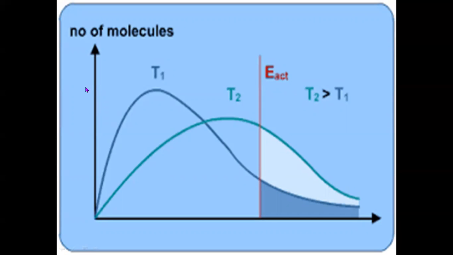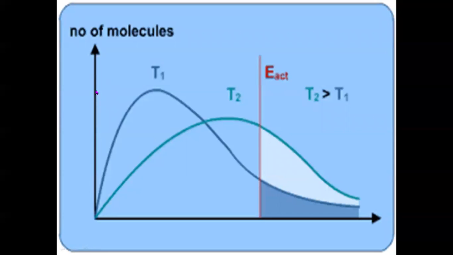This figure or graph or curve is obtained when we plot number of molecules versus the energy. Here, the graphs are drawn for two different temperatures, T1 and T2, where T2 is greater than T1.